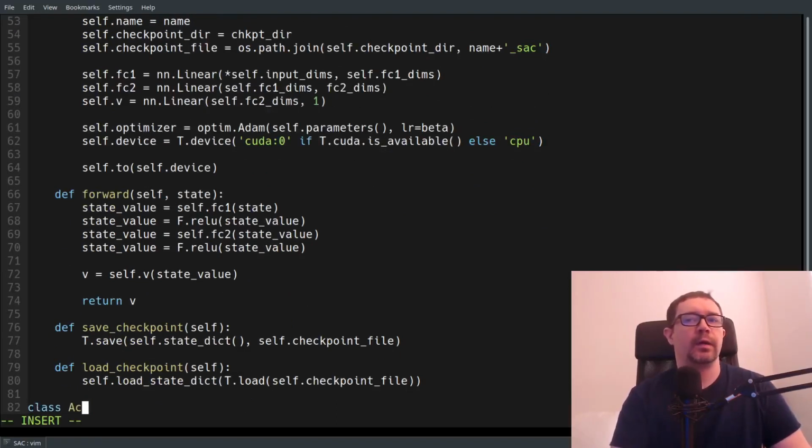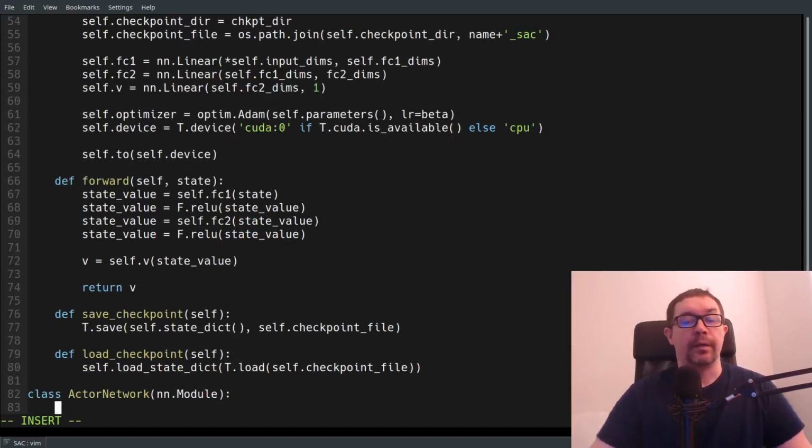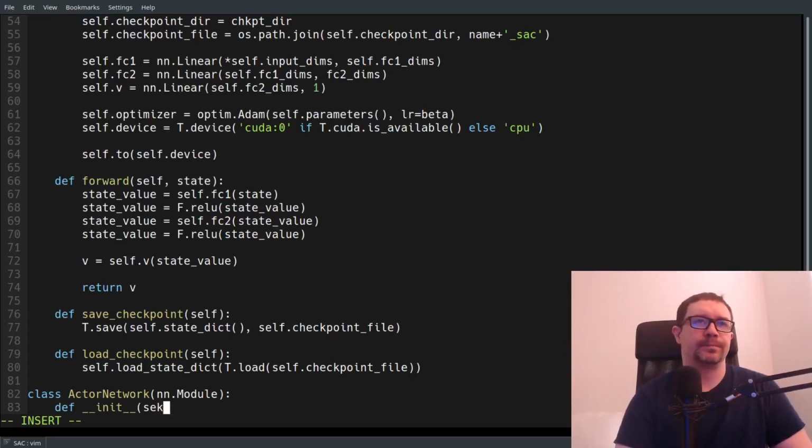And then we want the actor network. Now this is the relatively hard part of the problem because we're going to have to handle sampling a probability distribution instead of just doing a simple feed forward. So we're going to start with our initializer, of course. Takes a learning rate alpha, input dims.